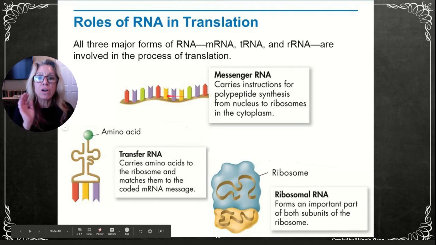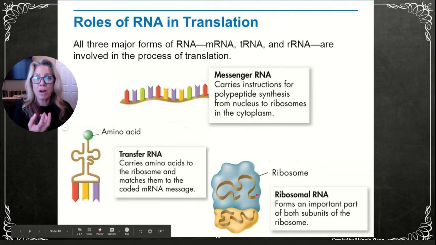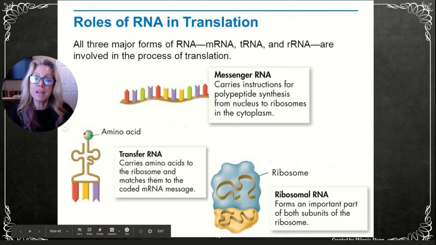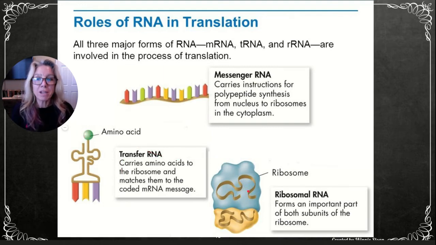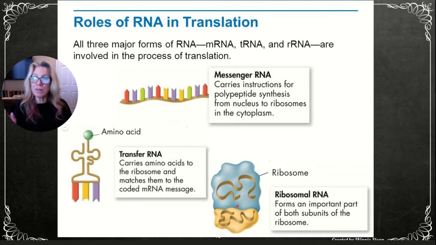And these are the genes that are going to get expressed on this ribosome to build a protein. Now, what are proteins made out of? They're made out of amino acids. So transfer RNA is going to carry the amino acids to the workbench where the mRNA is so you can build that protein. And I'll walk you through all of that.